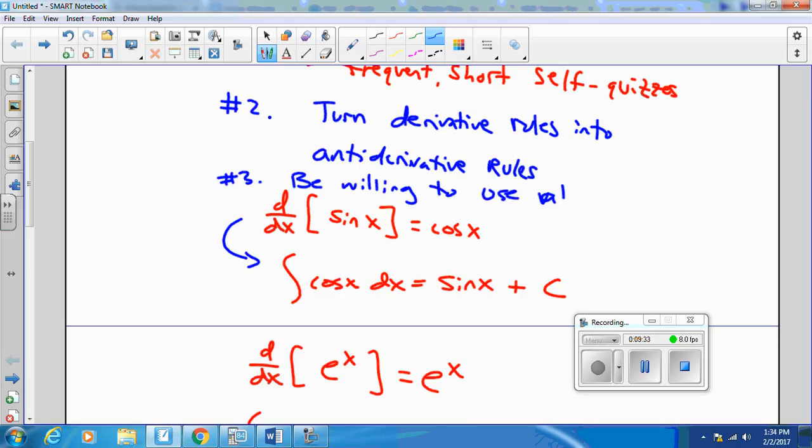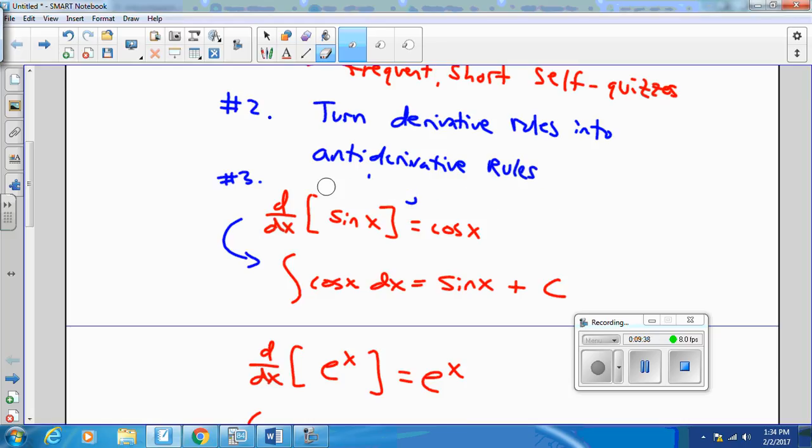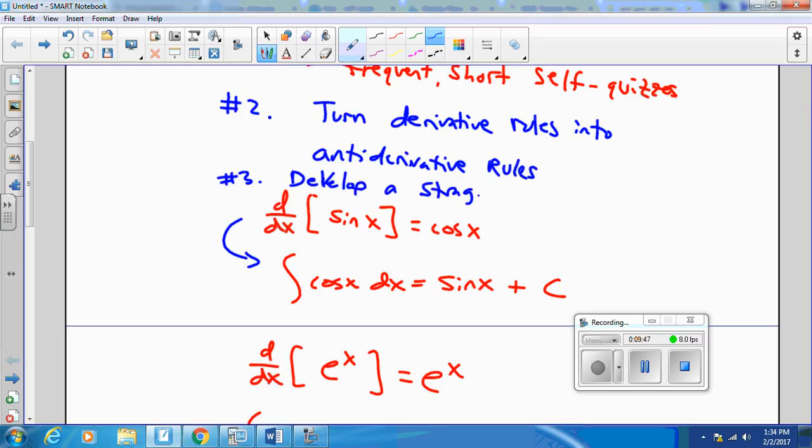Well, let me generalize this actually. How about this? Develop a strategy for antiderivatives. The reason I say a strategy is that taking derivatives is a matter of applying mechanical rules.